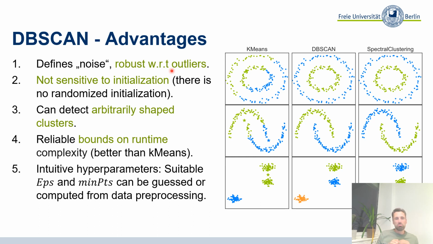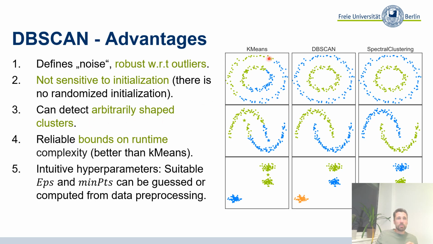So k-means doesn't really care. A data point is a data point, and so DBSCAN is less susceptible to distortions of the clusters that are due to outliers. Yeah? And also, k-means can end up in different results in different clusterings depending on how you initialize the clusters. And that's not the case with DBSCAN.